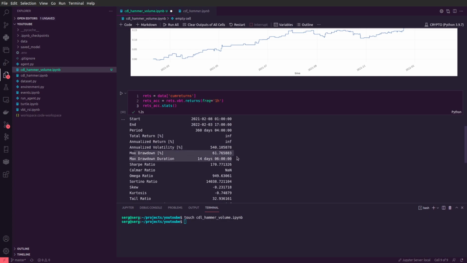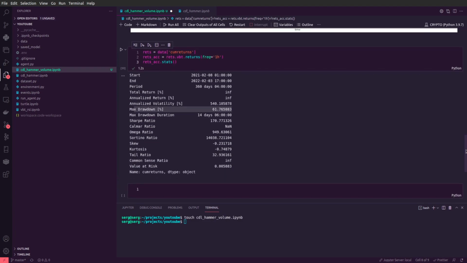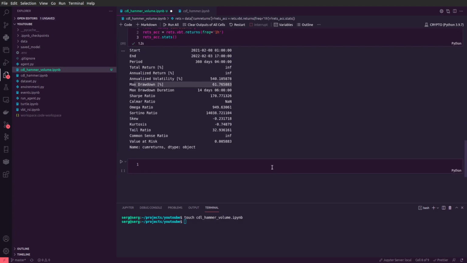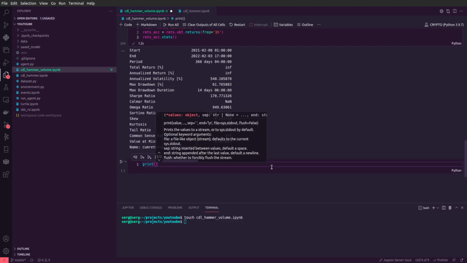Okay, so sometimes we have a drawdown and we need to analyze downside risk. Value at risk is about 0.0058. It's okay. Let's do some additional statistics. Let's print downside risk.